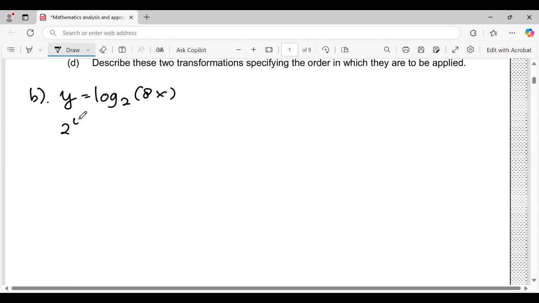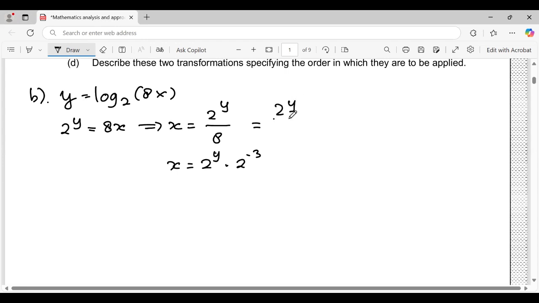So it means 2 to the power y equals 8x, or x equals 2 to the power y over 8, or x equals 2 to the power y times 2 to the power minus 3, because 8 is 2 cubed.